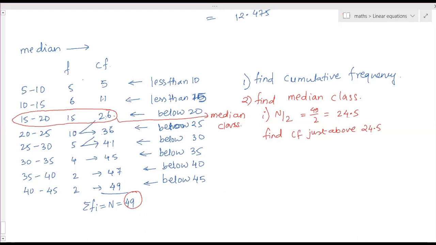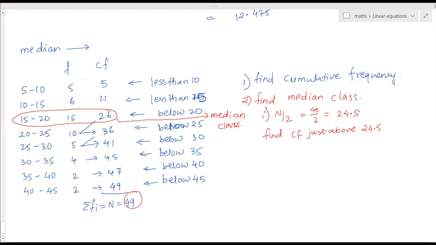Is that clear? Ma'am, can you tell it again? First find n, that is the last cumulative frequency, the n value. Then find n by 2, that is divide that number by 2, and we get 24.5.